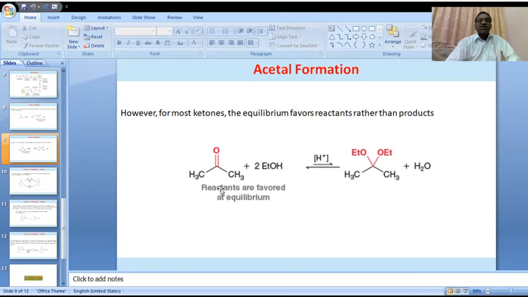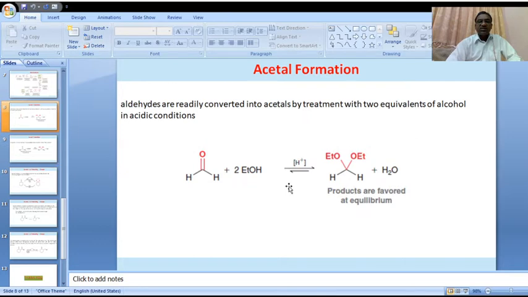This is the ketone, just now we discussed, acetone. Why does the formaldehyde equilibrium reaction favor the product side? Here in formaldehyde there are no electron donating groups. Both are hydrogen atoms attached to the carbonyl carbon.